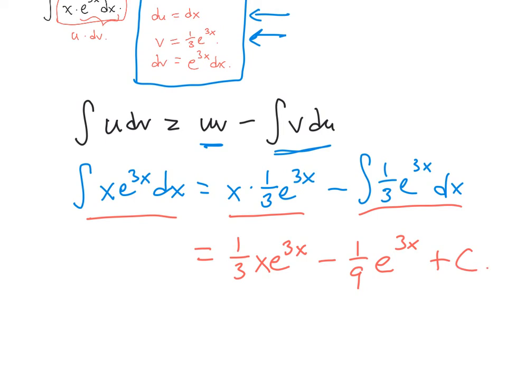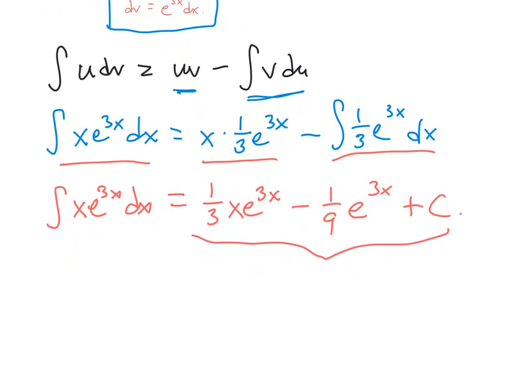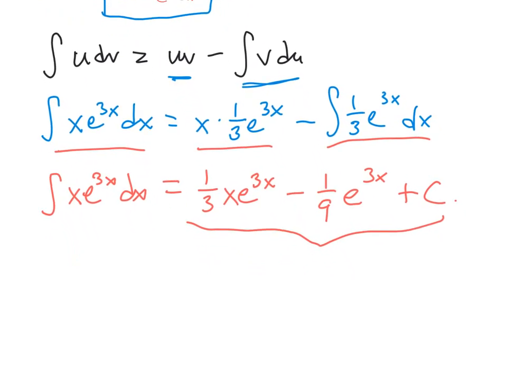And now I really do need that plus c there because I don't have any indefinite integral sign on the right-hand side. So I think, if I've done all my work correctly, that the integral of x e to the 3x with respect to x is this monstrosity, which probably wouldn't have been our first guess if we'd been blindly guessing here. But it turns out if you take the derivative of all that, here's just a brief narrative of what's going to happen.